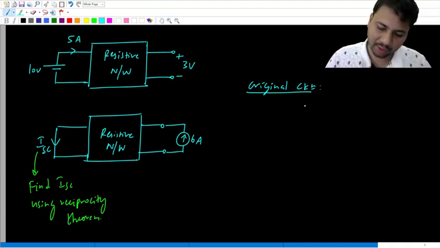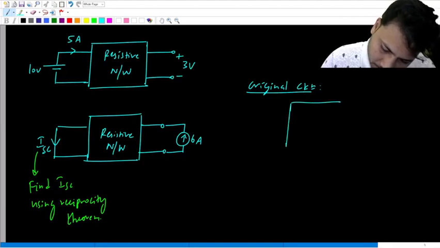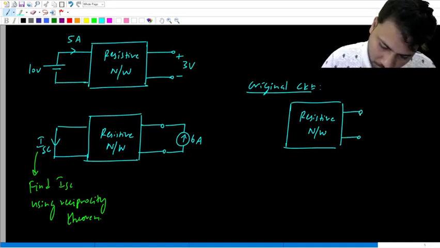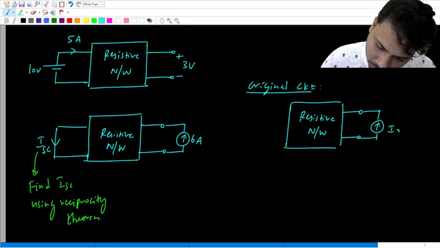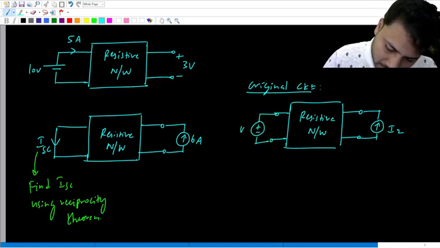or the original circuit, can be something like this. So this I will call I2, and the voltage source connected on the left side we will call V1.